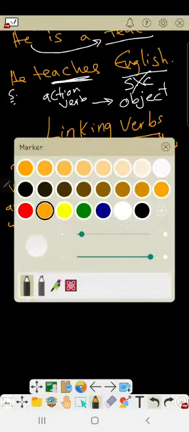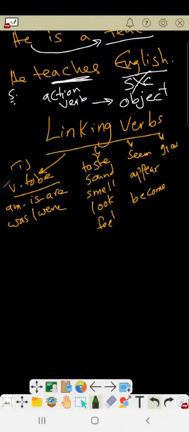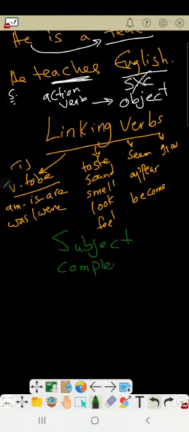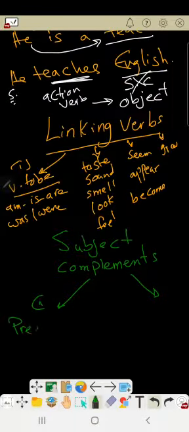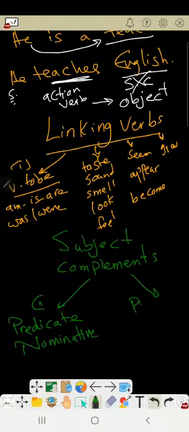Another point here, it's not enough to tell me that this word is subject complement. We have two types of subject complements. Number one, predicate nominative. And number two, predicate adjective. What is the difference?